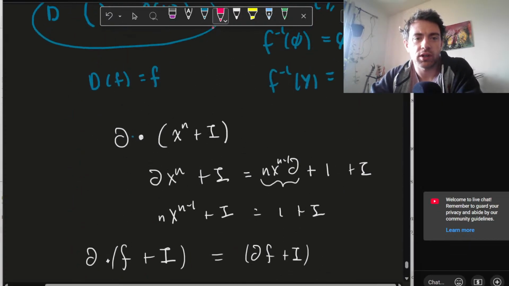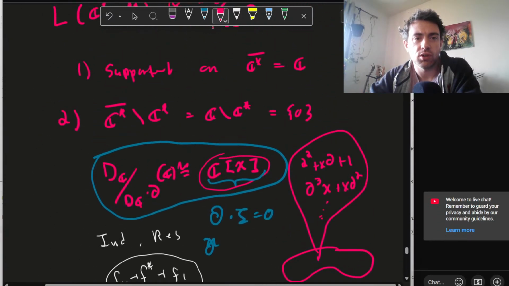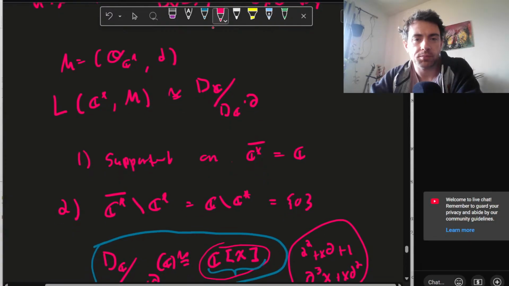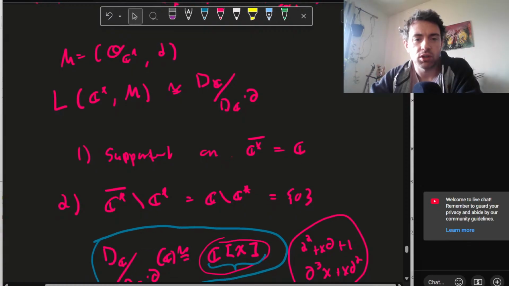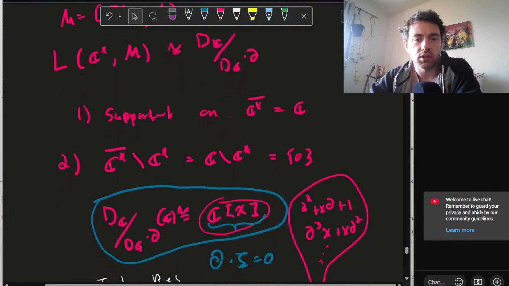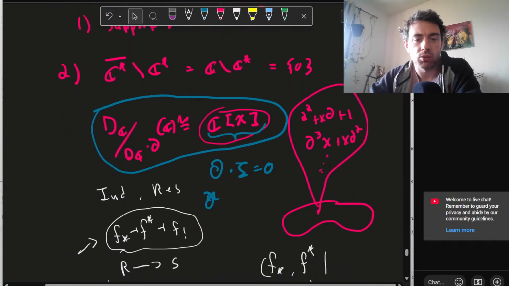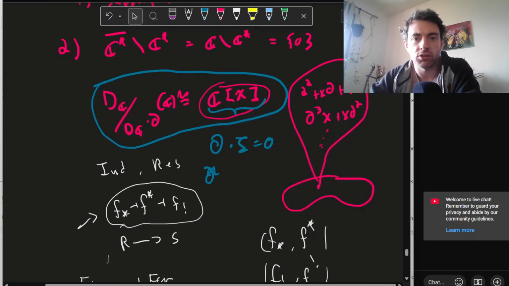And we verified the first property, but we wanted to check that there were no non-zero D modules supported on zero.